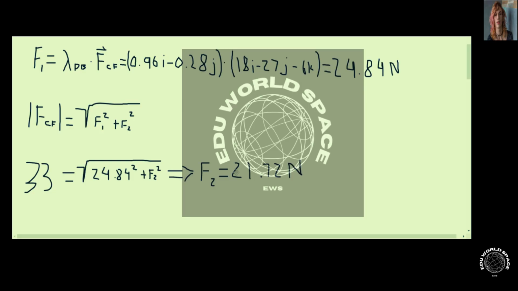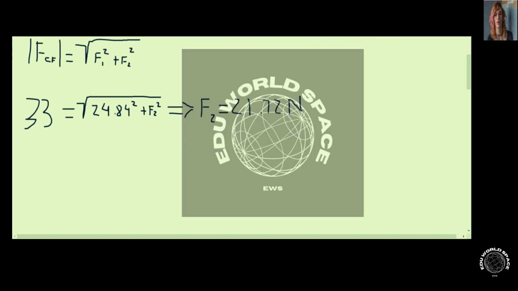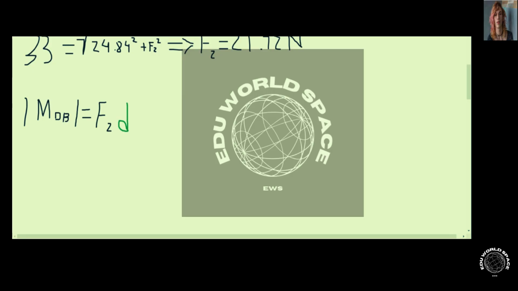And since we now have this perpendicular component, we can now use the following expression to solve for the final perpendicular distance. So we have the magnitude of the moment about DB is equal to F of 2 times the distance, which is what we're trying to solve for. So we plug in what we know. We know the magnitude, and we also know F of 2.